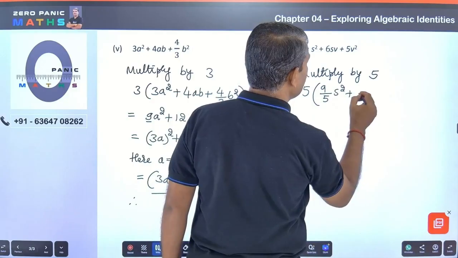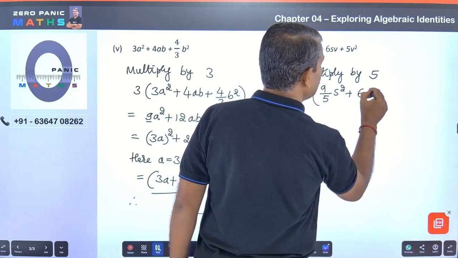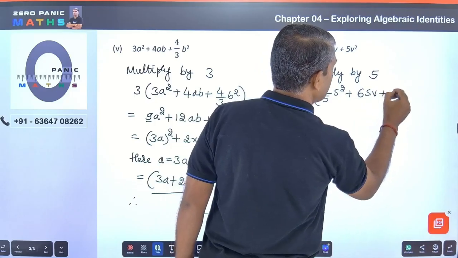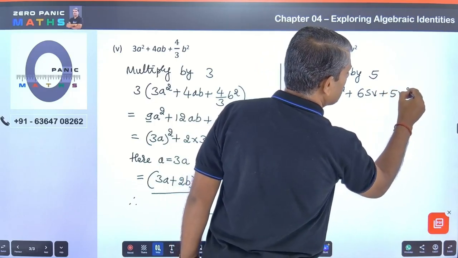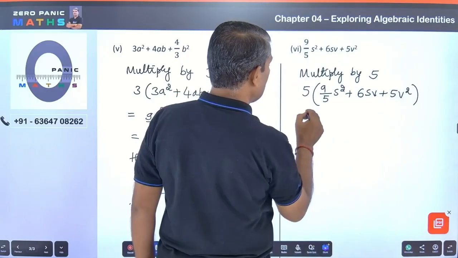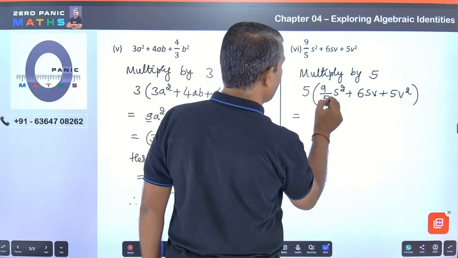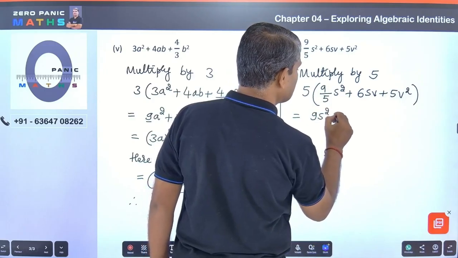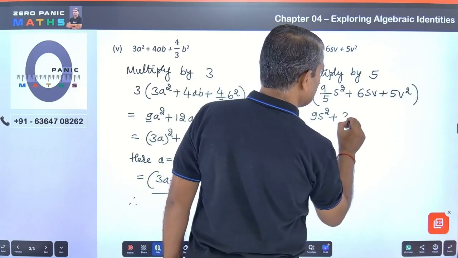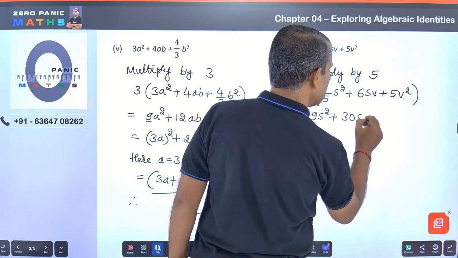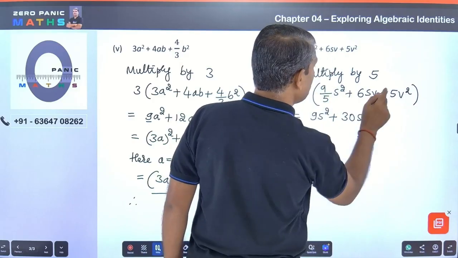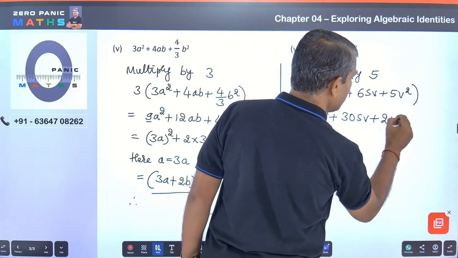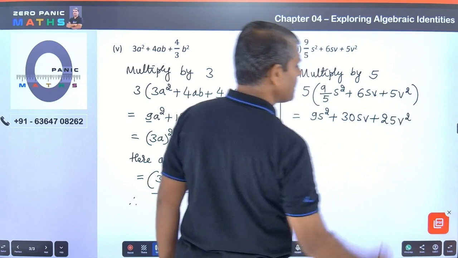S and v are the variables here, as I already told. 6sv plus 5v square. Now when I multiply, this 5 and 5 will get cancelled, and it remains with 9s square. 5 6s are 30sv plus 5 5s are 25v square.